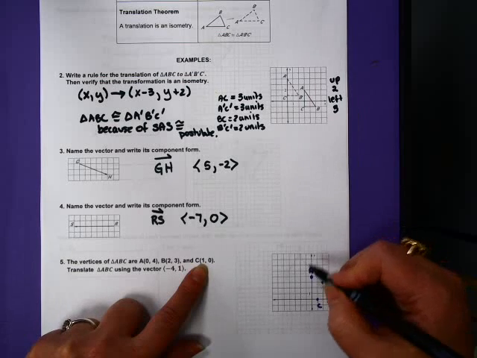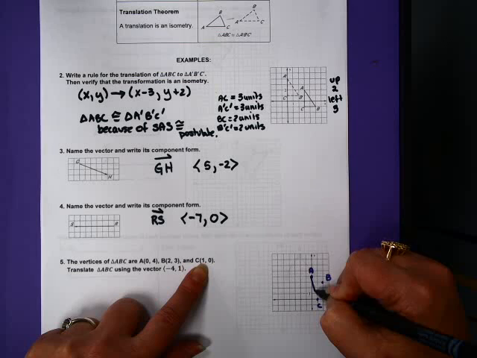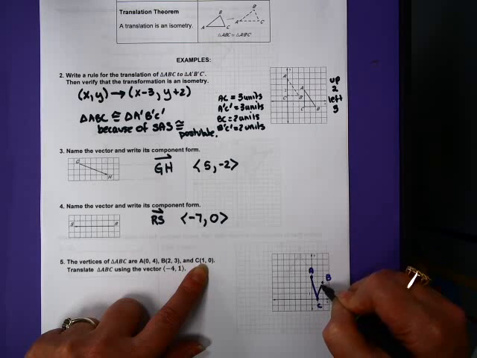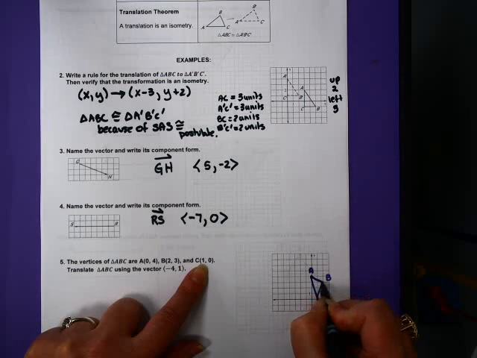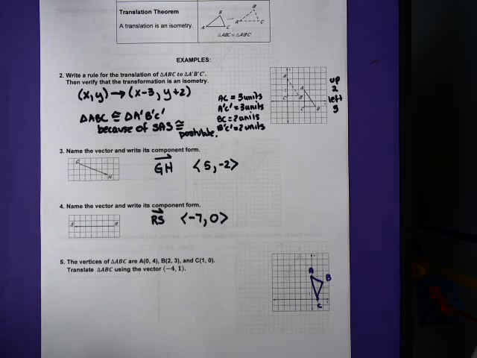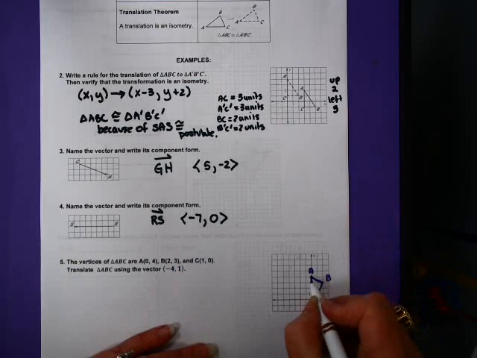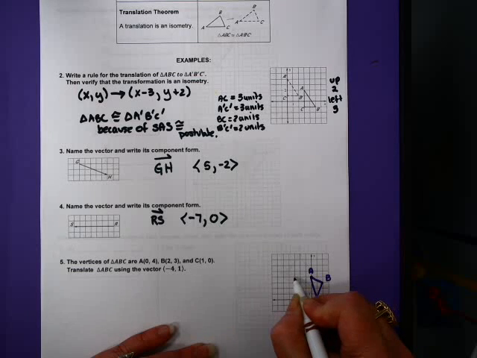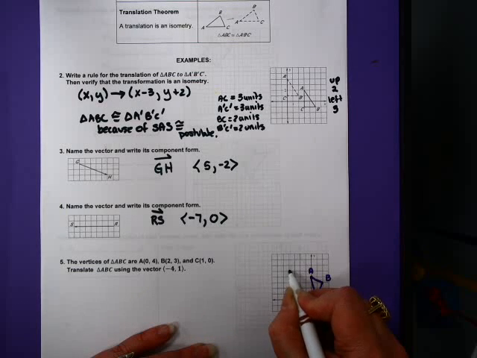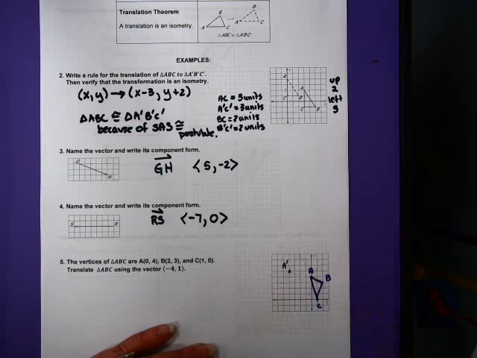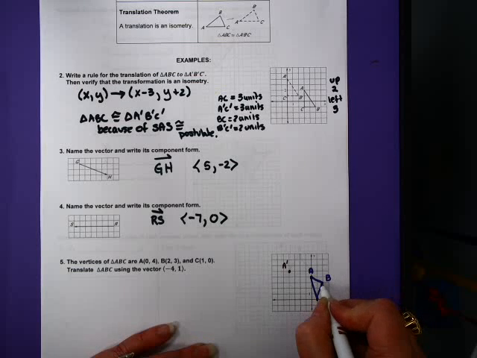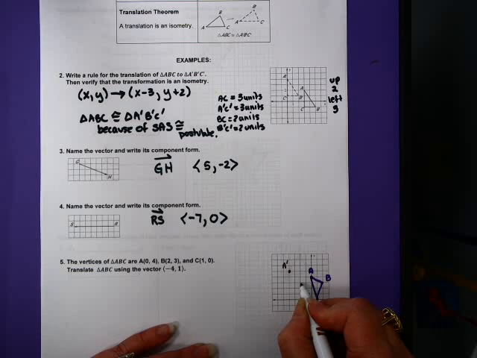There's C. All right, so this is my original, so this is solid lines. All right, and then we're going to translate it using this vector. This vector tells me that I need to go left 4 and up 1. So 1, 2, 3, 4, up 1. There's A prime. 1, 2, 3, 4, up 1.